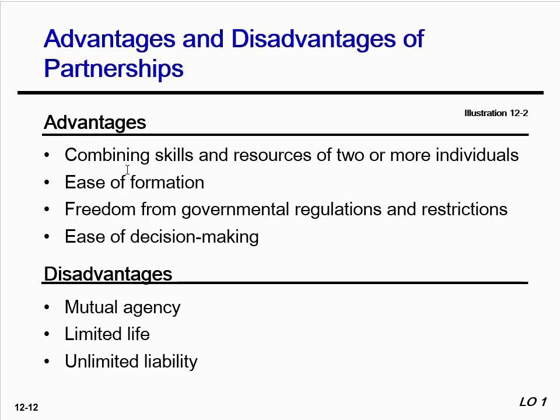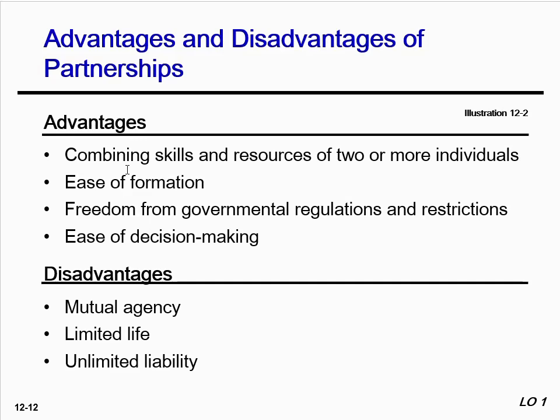It's easy to form a general partnership. The regulations on partnerships are less as compared to corporations or companies. Also, decision making is easy in a partnership as compared to companies, because the partners are not in thousands, they are few. So it's easy to agree on a particular decision.